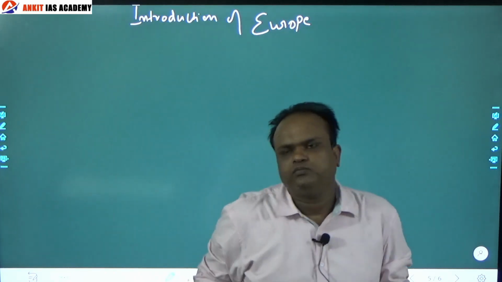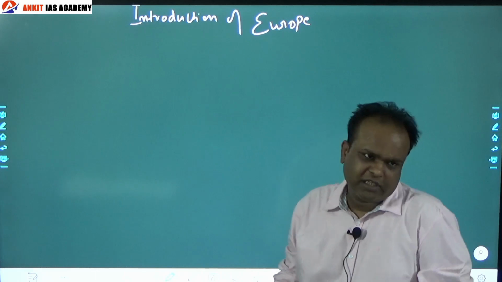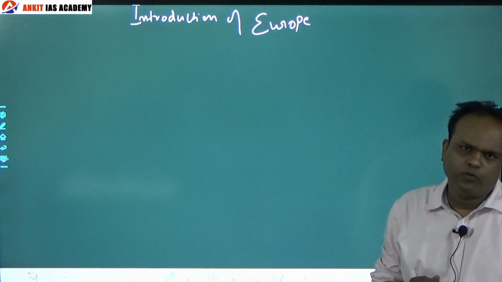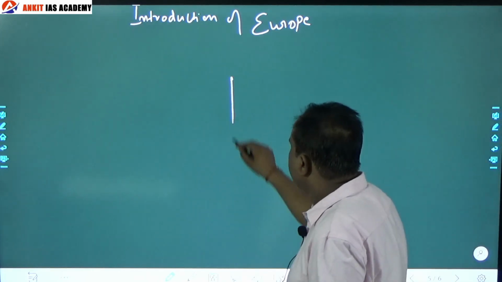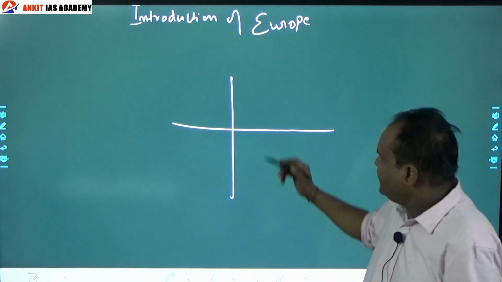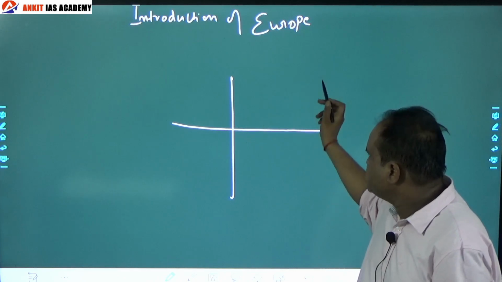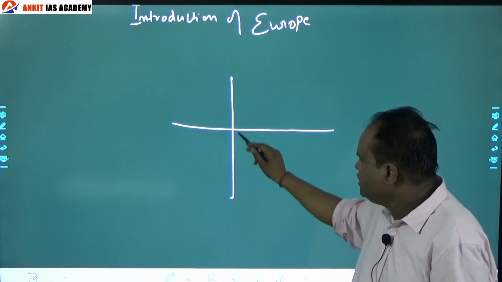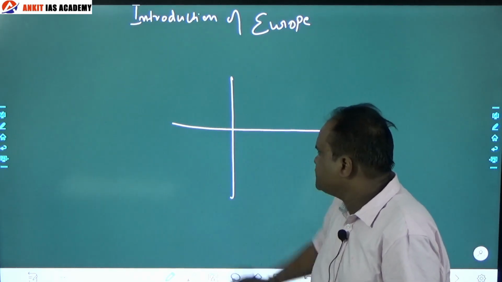Introduction of Europe. So students are always confused in the locations of Europe. As we have discussed, this is north, this is northeast, this is east, this is southeast, this is south, this is southwest, this is western side, and this is northwest.